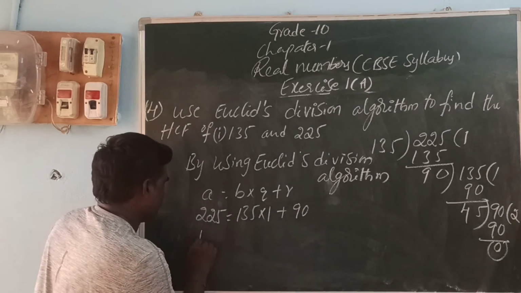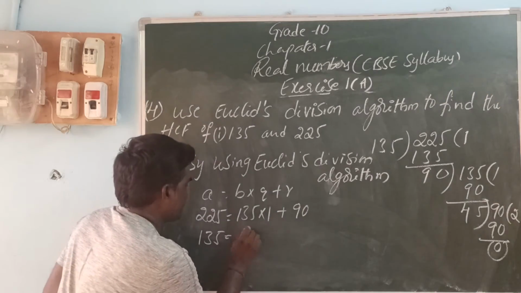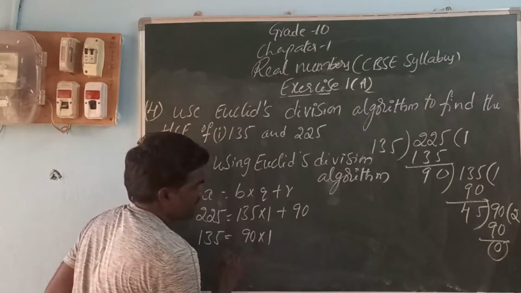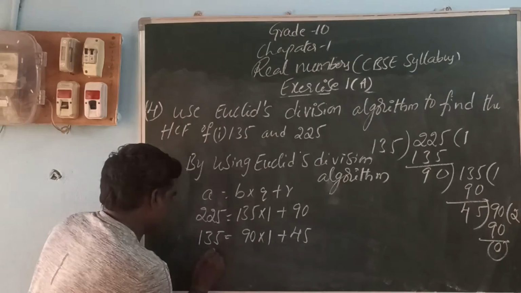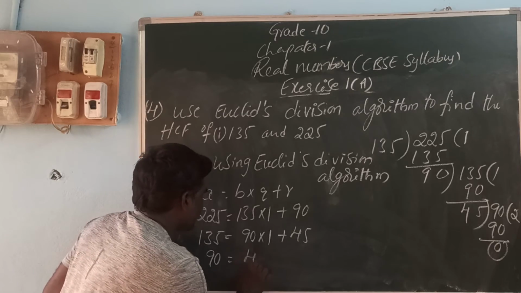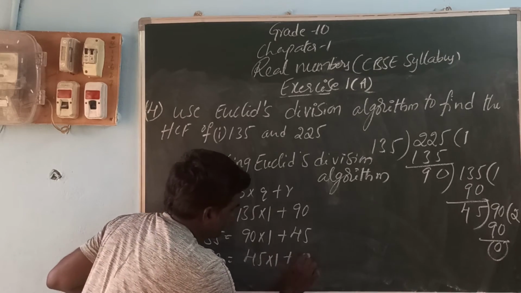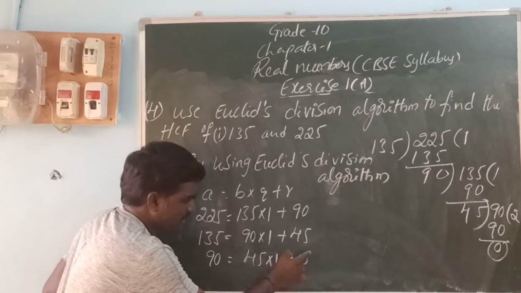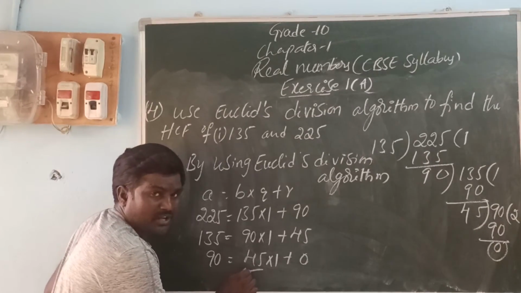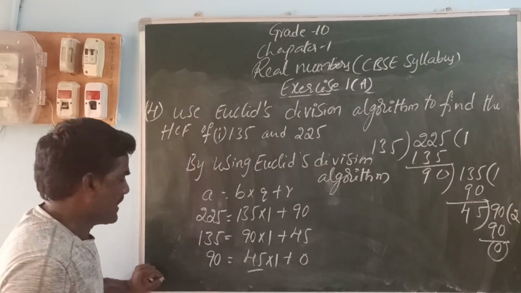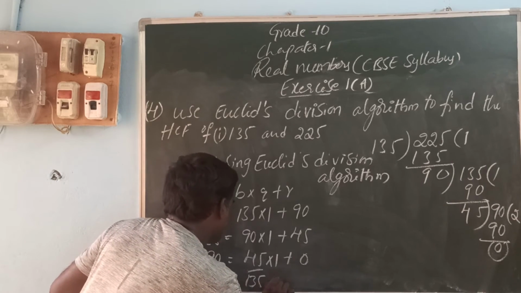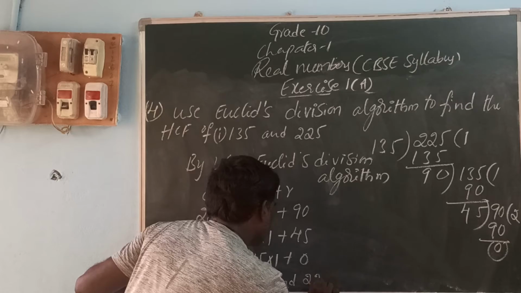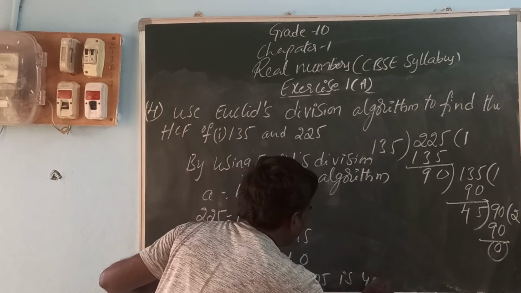Next, dividend 135 is equal to divisor 90 into quotient 1, remainder is 45. Next, dividend is 90, divisor is 45, quotient is 2, remainder is 0. So where do we get the remainder 0? At the divisor 45. So this 45 is called H.c.f. So H.c.f of 135 and 225 is 45.